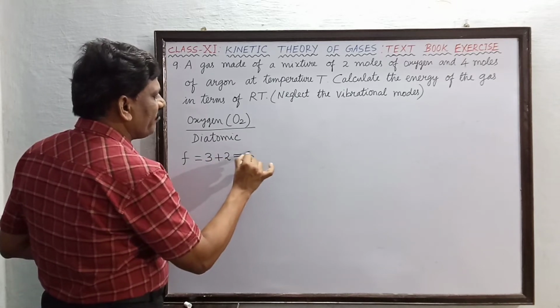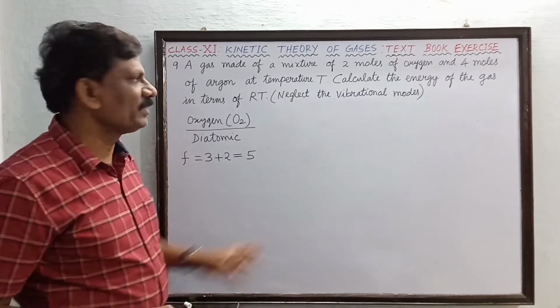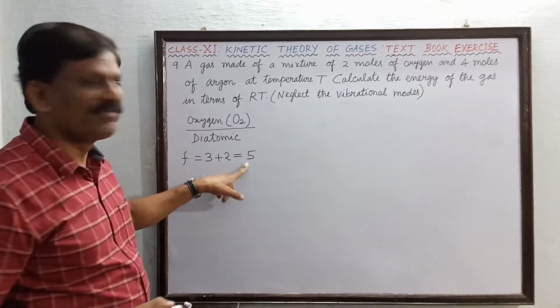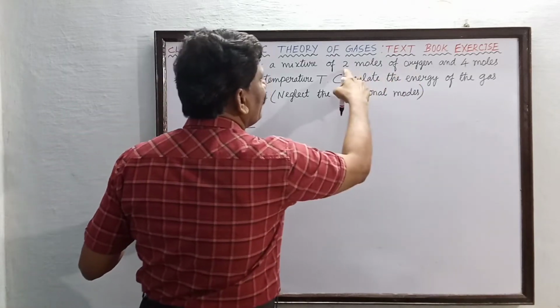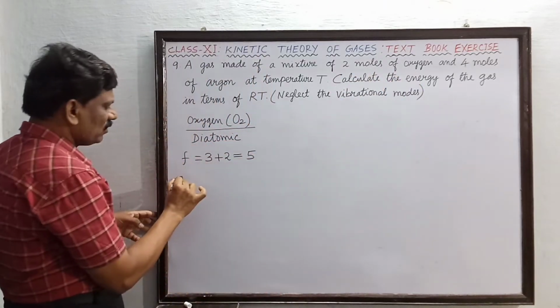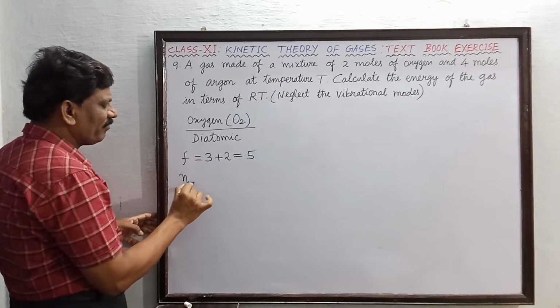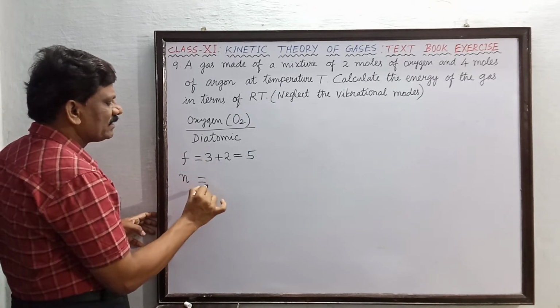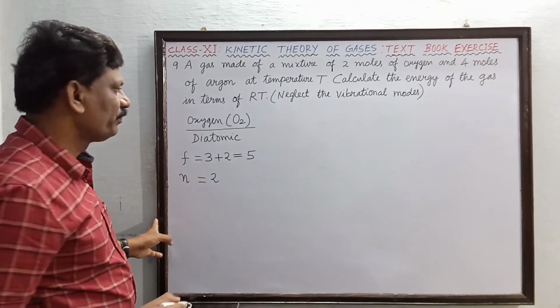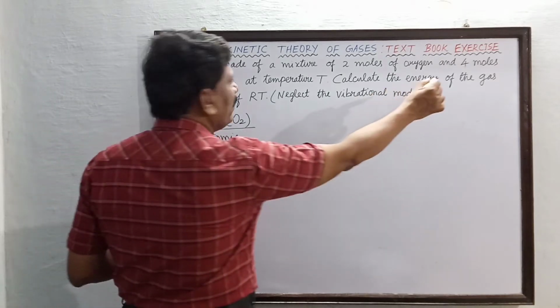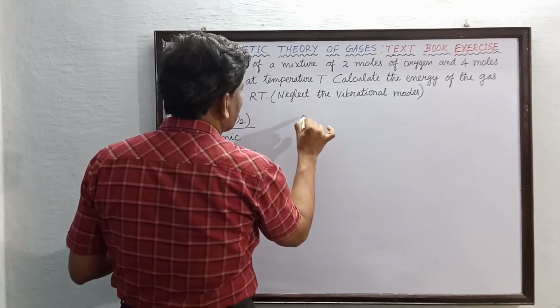So totally 5 at normal temperature. And how many moles of oxygen are given here? 2 moles. So the number of moles n is equal to 2.